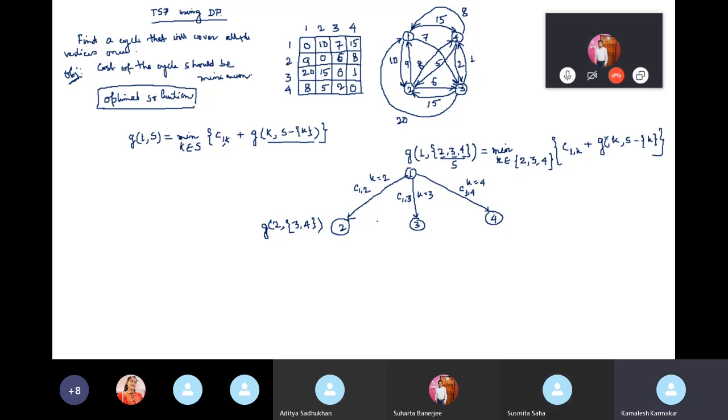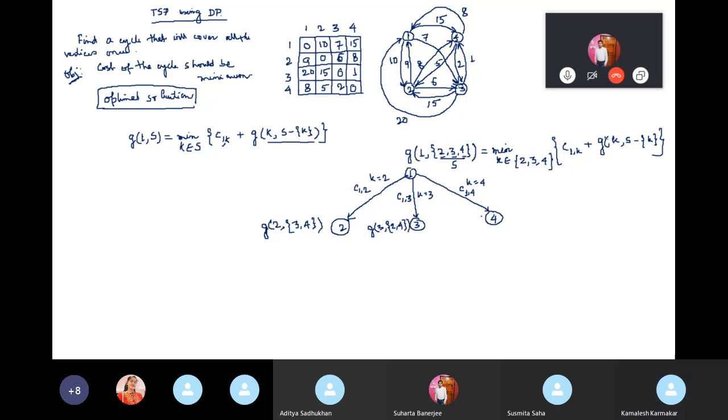Okay. So if K equals to 3, this is C13. So C13 is there. Then plus, what will be the function? G of, here K equals to 3. So it will be 3 comma the set S minus K. So S minus K means 2 comma 4.